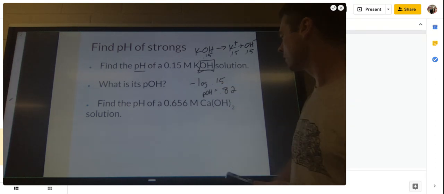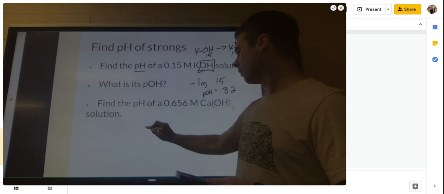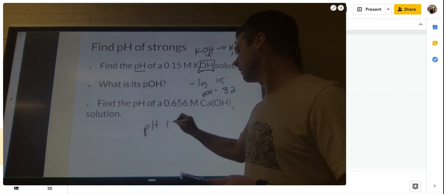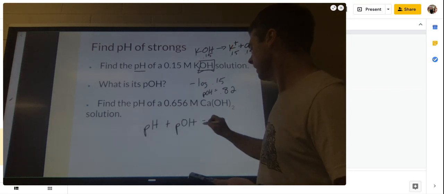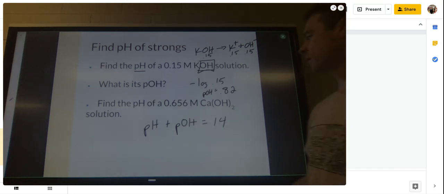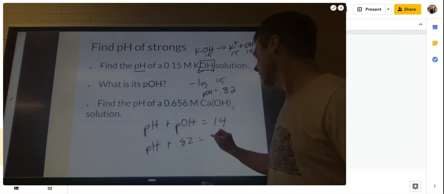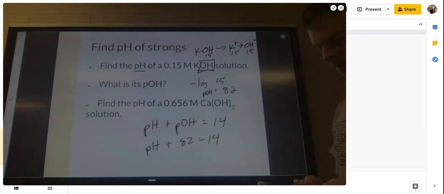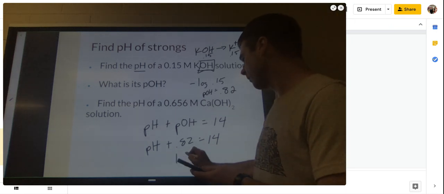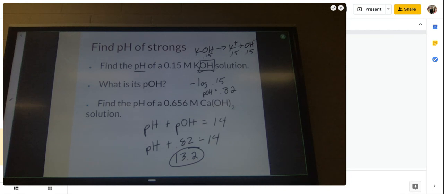That doesn't answer our question, what's the pH? On an earlier slide, the nice little pH Da Vinci code, those values will always equal 14. So we take 14 minus 0.82, and we get about 13.2 as the pH. Now, time to use your brain. What do I mean by that?